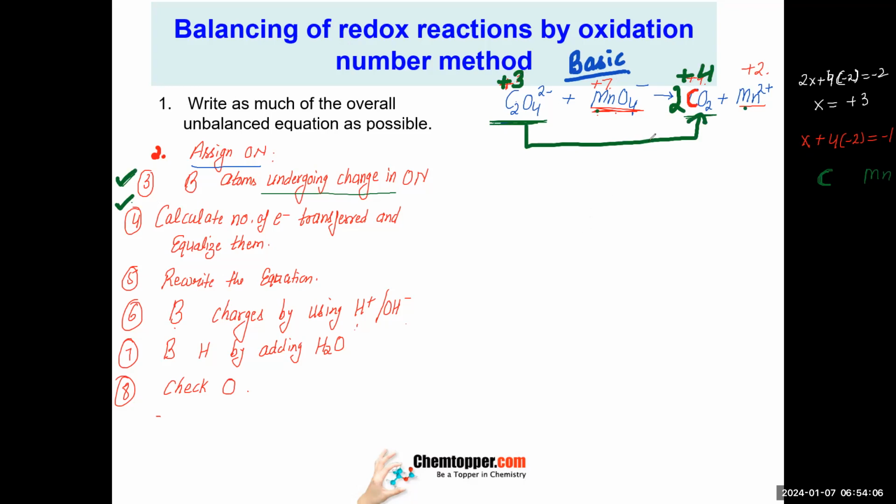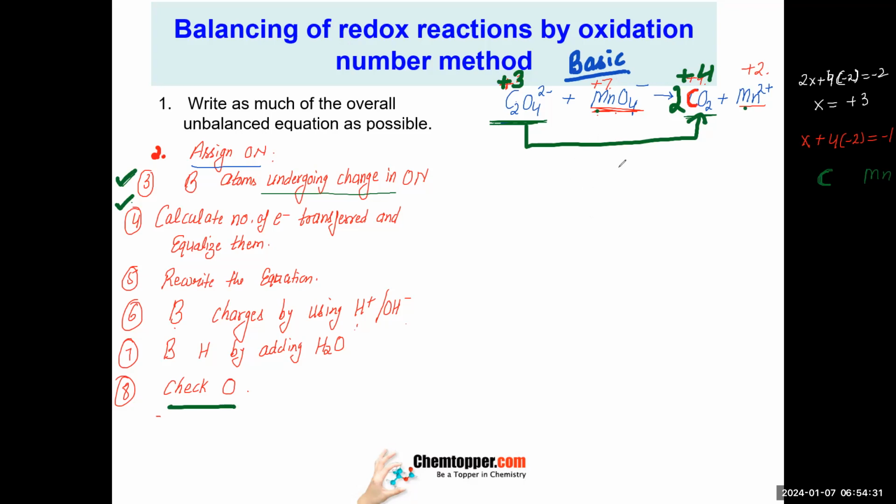Saranya, we are not going to balance oxygen till last. In the last, we are going to check it. Do not worry about anything else. Follow the rules, step by step. Do not worry about oxygens, about hydrogens.